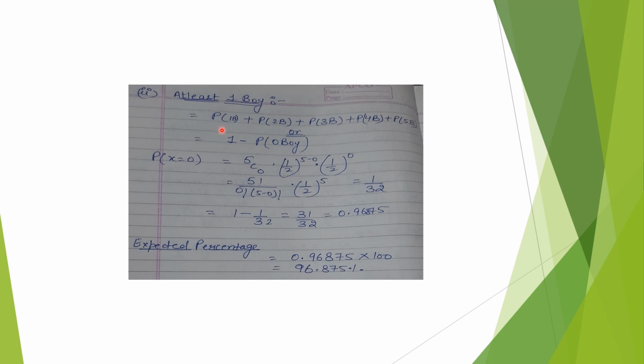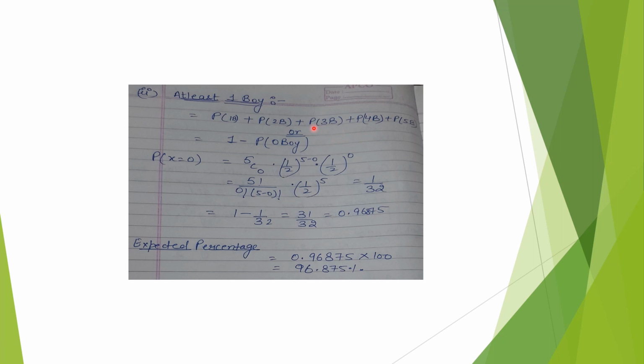So probability of one boy plus probability of two boys plus probability of three boys plus probability of four boys plus probability of five boys. But calculating the probability of each is a time consuming task for us. We can't calculate the probability of 1, 2, 3, 4 or 5 boys single-handedly. So we have to go for a shortcut.